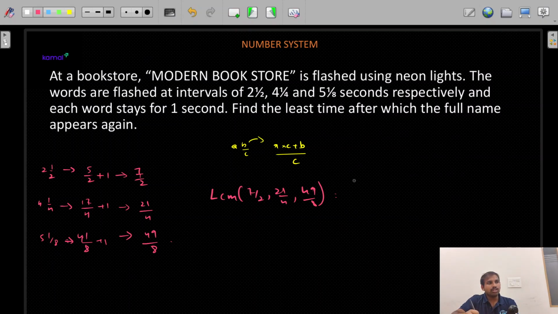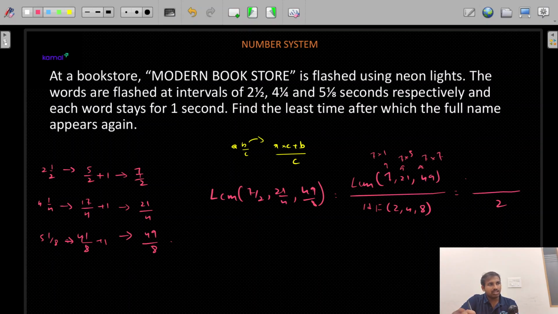So this is nothing but the LCM of 7, 21 and 49 divided by the HCF of 2, 4 and 8. The HCF of 2, 4 and 8 is 2 itself, because 2 is common for all three numbers. It is 7 into 1. It is 7 into 3. It is 7 into 7.